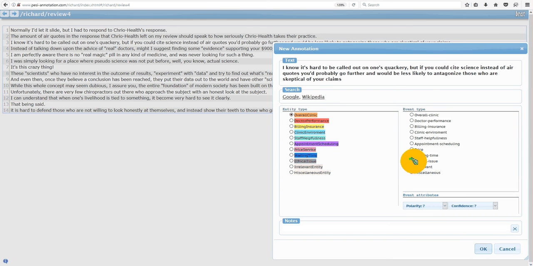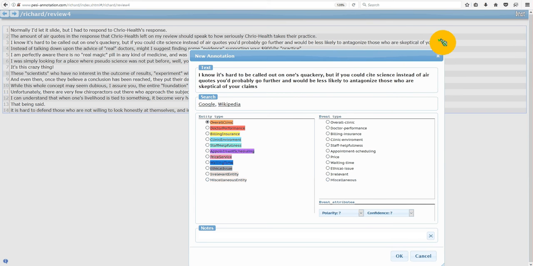I think because they clearly mention the claim, my guess is price related. So it's skeptical, so I would select negative.